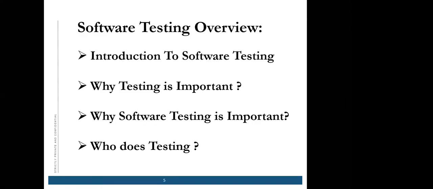Okay. So coming to the first topic, that is software testing overview. So an introduction of software testing. Software testing is defined as an activity to check whether the actual result matches the expected result. Right, so we always test whether the actual result which we are getting is matching to the expected result or not.